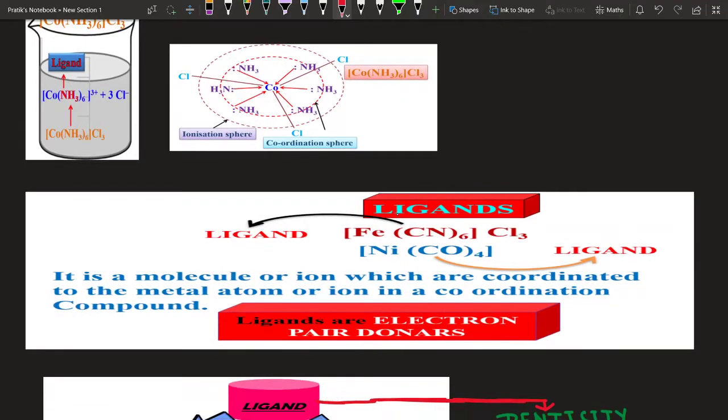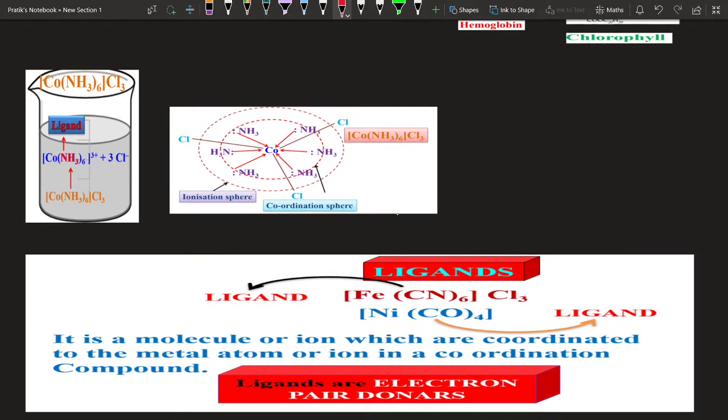Student, if you see this, coordination compounds, suppose this is a double salt and this double salt is dissolved in water, so the part which is enclosed in the bracket will remain unbroken and will not lose its identity, but the part which is attached to this bracket is ionizable.